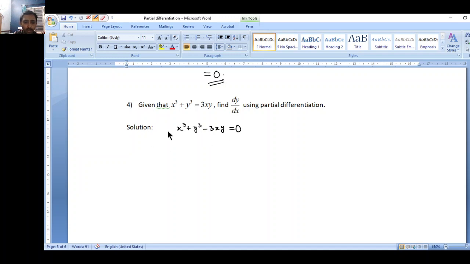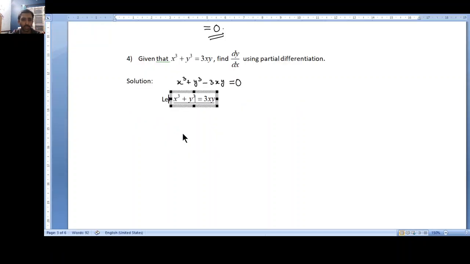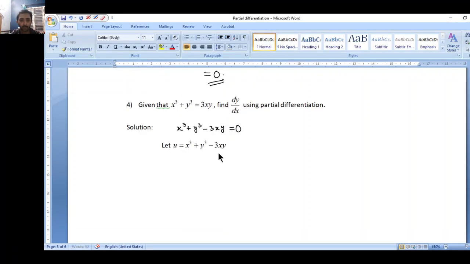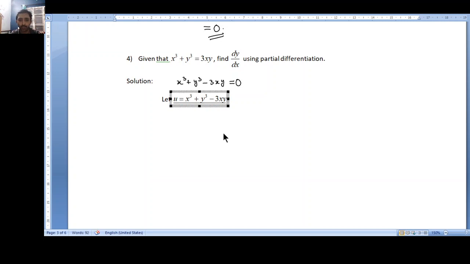Okay, and now once I got this, what I do is I'll now take this left hand side part, which is equal to 0, to be u. So what I'll do is I'll take u to be x cube plus y cube minus 3xy, and of course this is also going to be equal to 0, right?